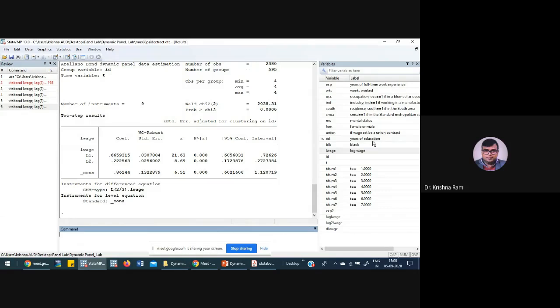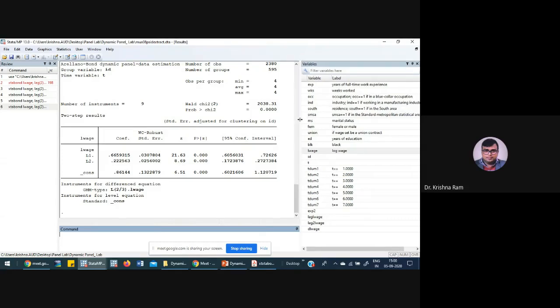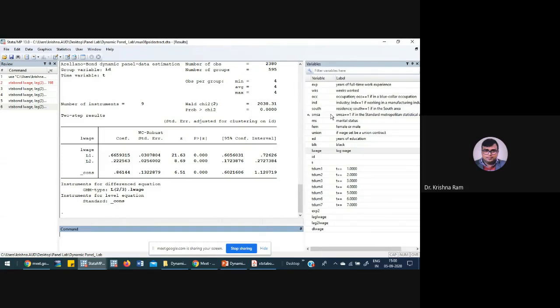We are going to use south, which takes the value one if the residence is in the south area, which is a dummy variable. SMSA, which again seems to be a dummy variable. I have to check.